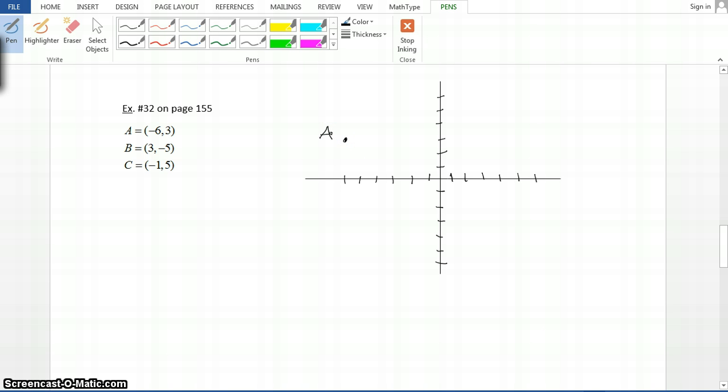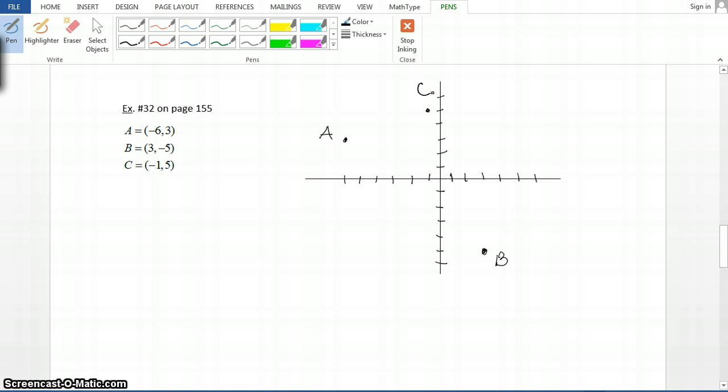Here's A. B is positive 3, negative 5. There's B. Alright, and C is, oh man, I lost that B again. 1, 2, 3, negative 5 is right here. Alright, C is negative 1, positive 5 is here.